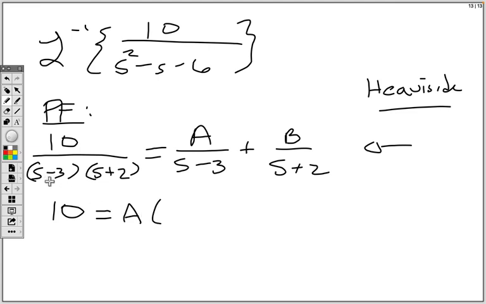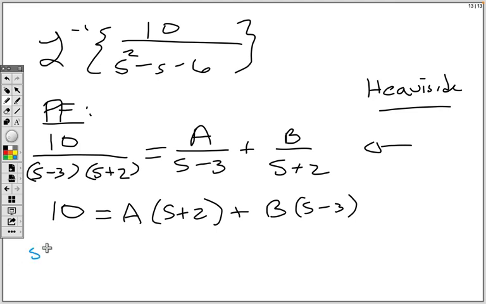When you multiply by s minus 3 times s plus 2, s minus 3 cancels here, you're left with s plus 2. S plus 2 cancels, we get s minus 3. And then you can sort of cheese your way to these coefficients by picking good values of s. What would be a good value of s to plug in to help you recover one of the coefficients?